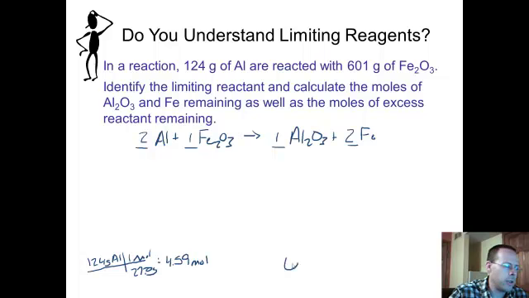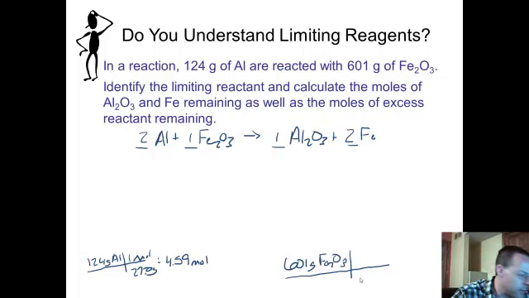And if we start with 601 grams of iron 3 oxide, its molar mass is 160 grams, and we get something like 3.76 moles.